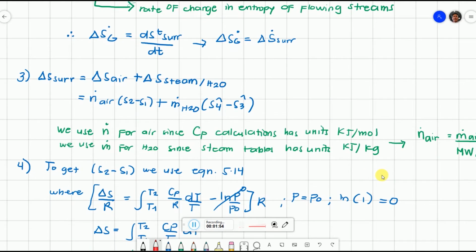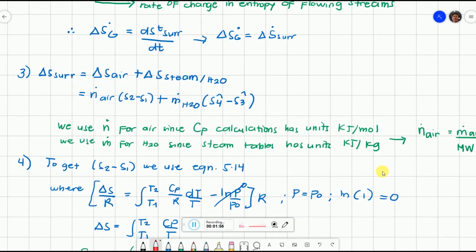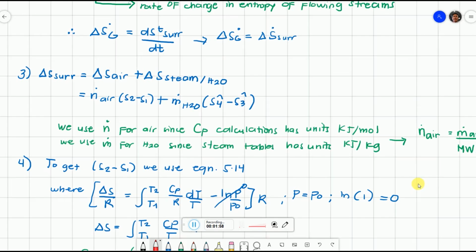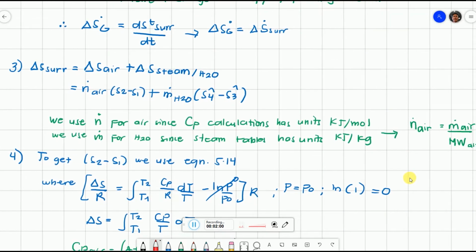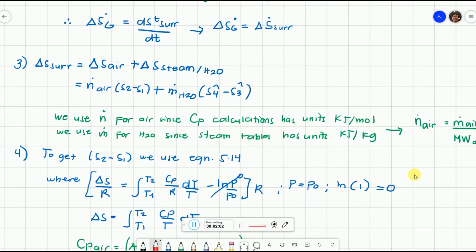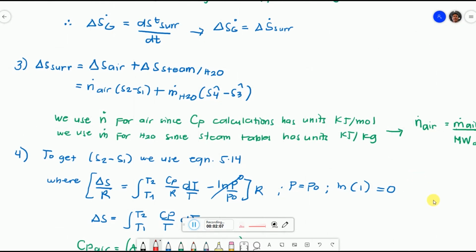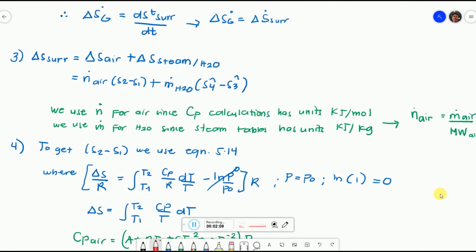We use molar flow rate for air since Cp calculations have units kJ per mole. We use mass flow rate for H2O since steam tables have units kilojoules per kilogram.